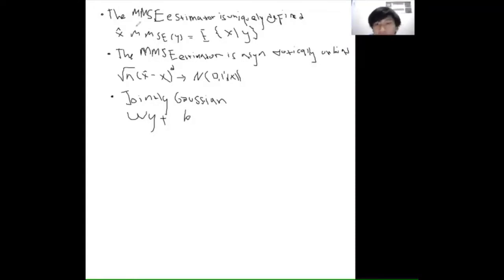As you can see from the formula, we can conclude that the MMSE estimator is the conditional expectation of x given the known observed value of the measurement.